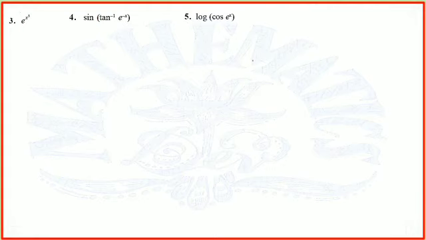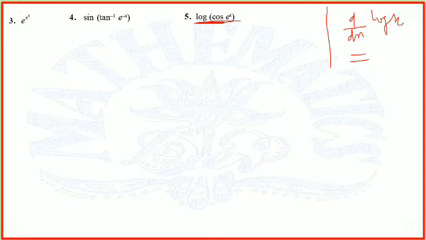Question number 5. Derivative of log cos e to the power x. This is again an interesting question and a single function only. Before that, you must know the derivative of log x. The derivative of log x is 1 upon x, meaning whatever is written inside the log, you take in the denominator.